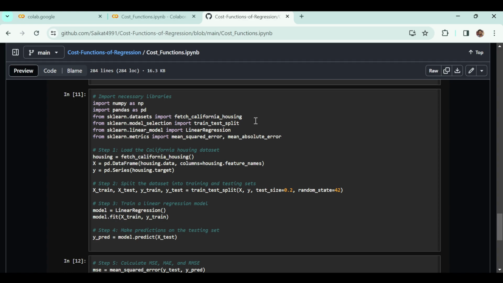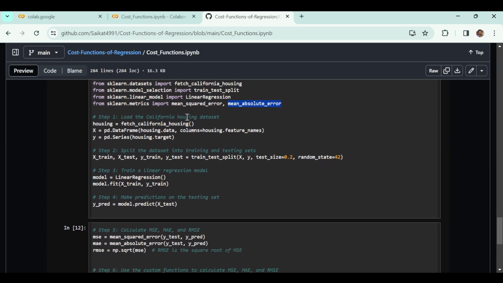As you see, this is one of the regression problems. From model selection, we took train_test_split, and linear regression as our model. And from sklearn we took the pre-made metrics MSE and MAE.